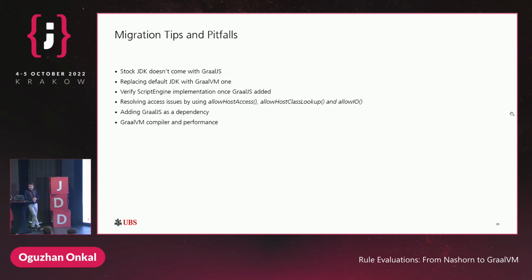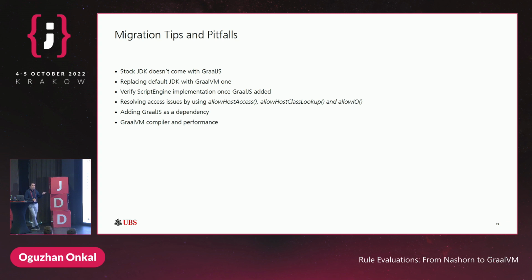And one last thing. GraalVM also comes with these 3 methods, which could be useful. We were creating the context using Context.create, but it also has Context.builder. You can pass these methods to that context builder, and it can allow your application's JavaScript code to access Java classes, public ones of course, because by default GraalVM doesn't allow that.